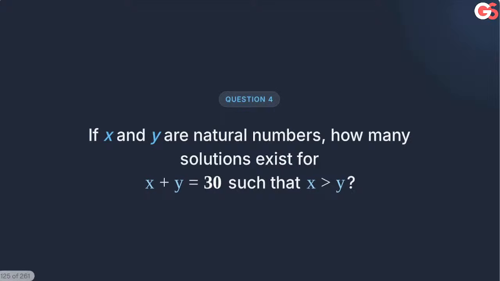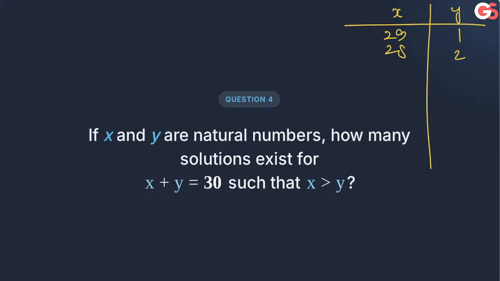Next, x, y natural numbers. How many solutions exist such that x is greater than y? Oh, nice. Here we need to kind of actually look at things. x plus y 30 है तो natural है तो x is at max 29, y is 1, this 28 becomes 2. At one point of time this becomes 15 each. 15 each यहीं पे रुकना है. So इससे पहले 16 and 14 रहा होगा.